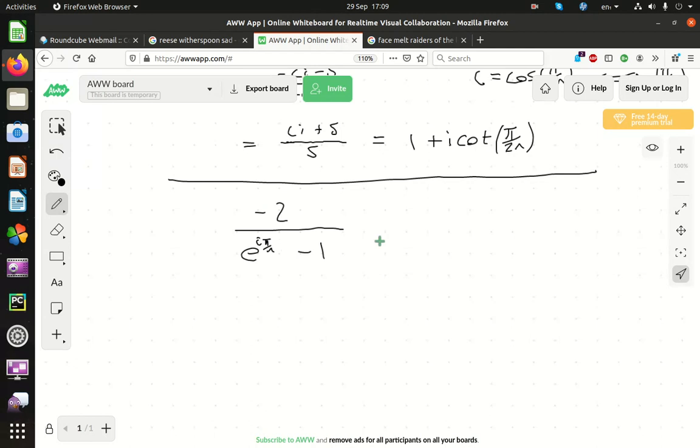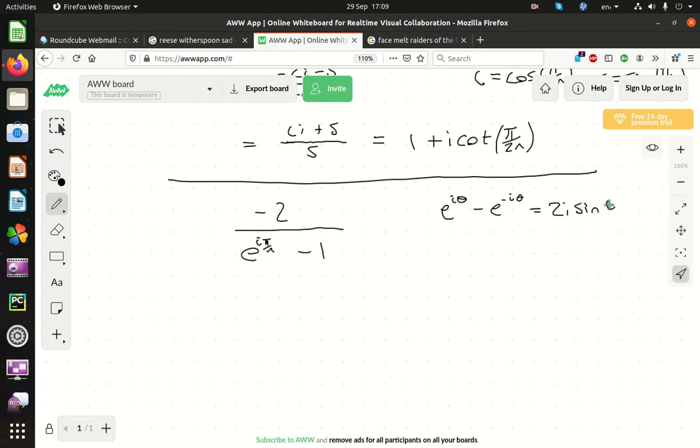Now, their point is basically whenever you have this and you want to introduce a trig function, don't forget that e to the i theta minus e to the minus i theta equals 2i sine theta.